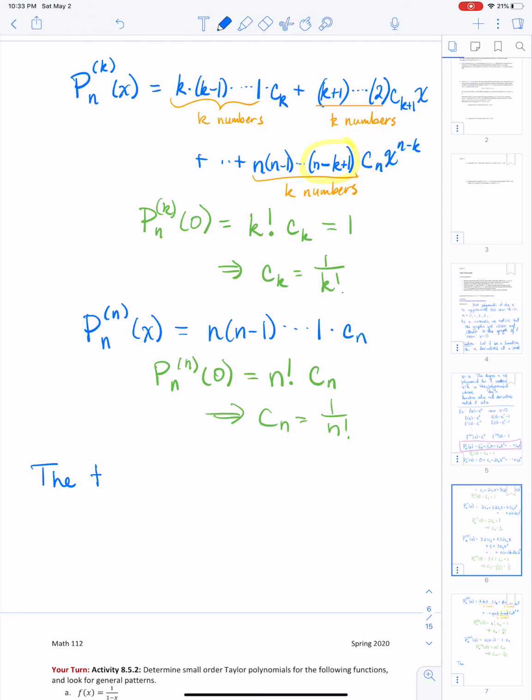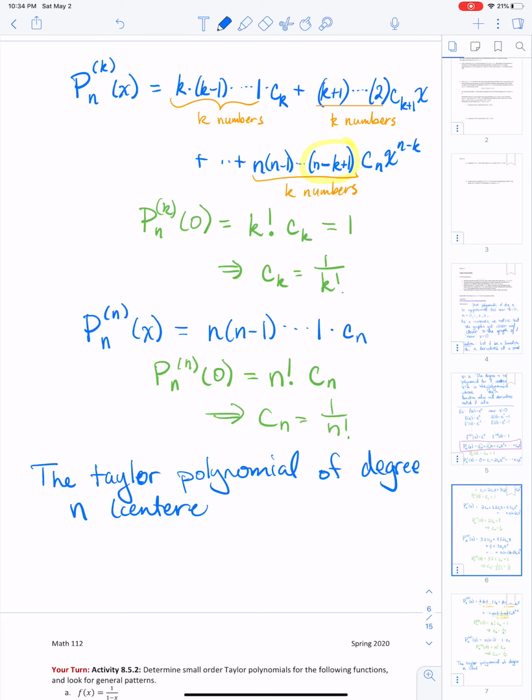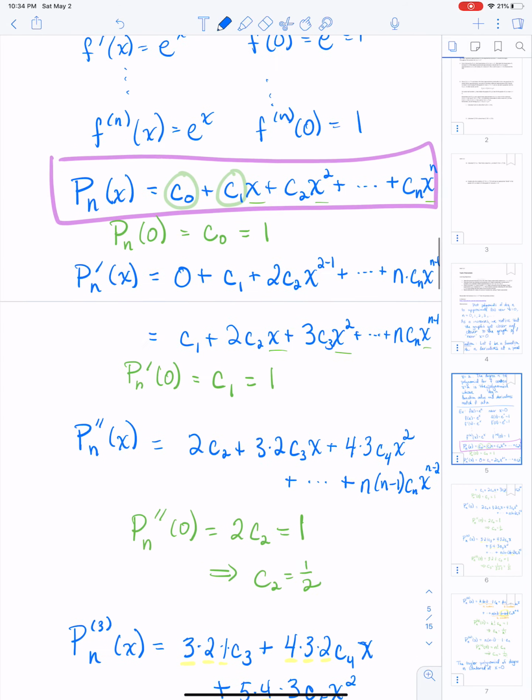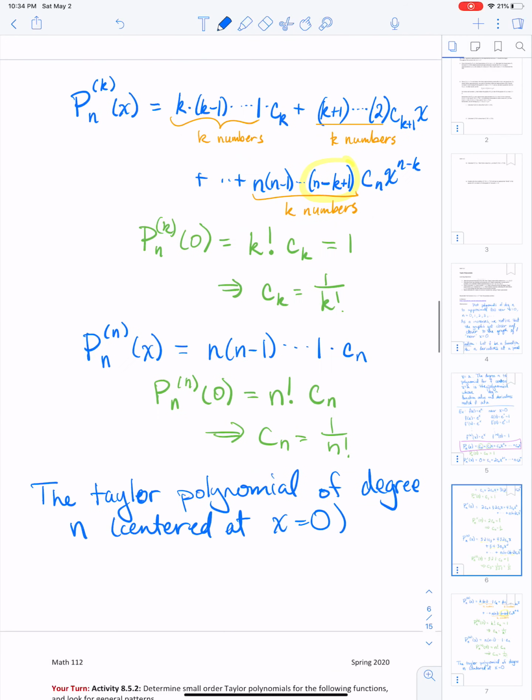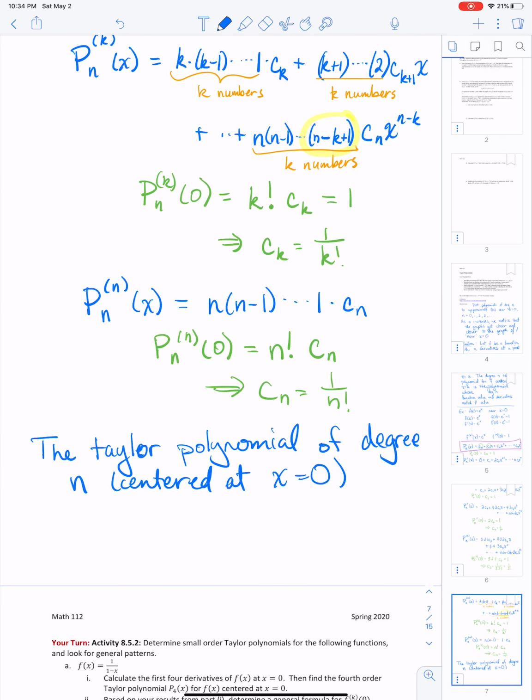The Taylor polynomial of degree n, centered at 0, is equal to, I just wanted to make sure I had written x equals 0 up there instead of the arbitrary x equals a.